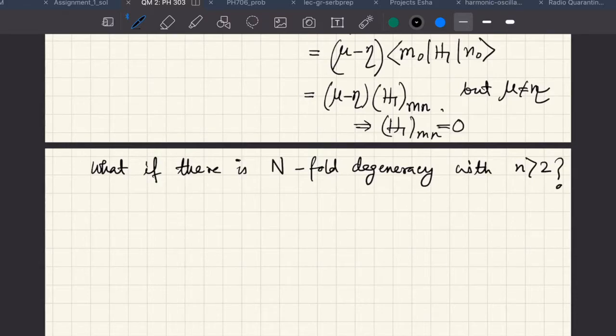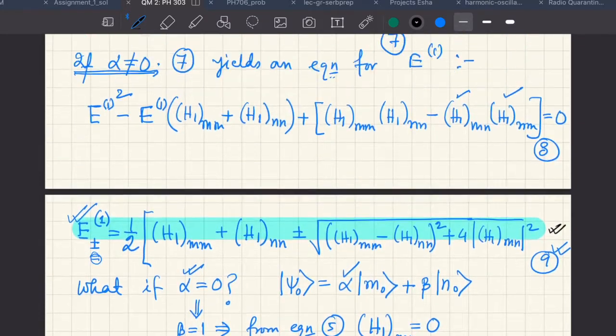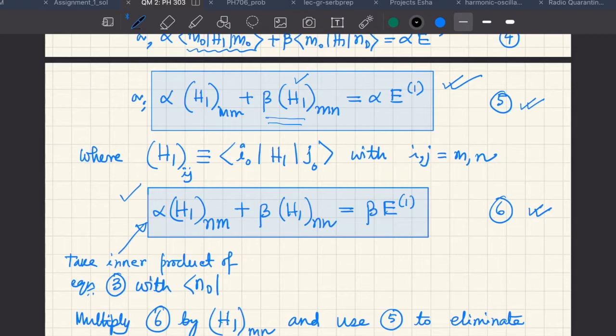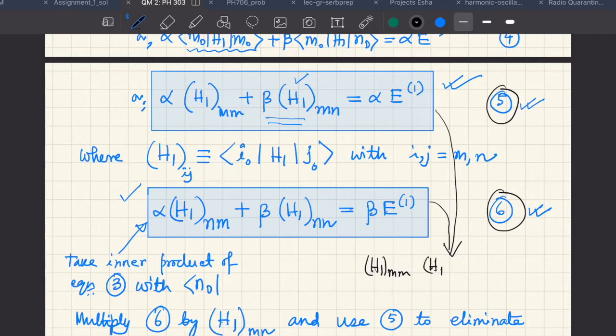What you do is that you take these equations 5 and 6, and write these two equations in matrix form. That means take 5 and take 6. And I can always write this equation as H1 mm, H1 mn, H1 nm and H1 nn.